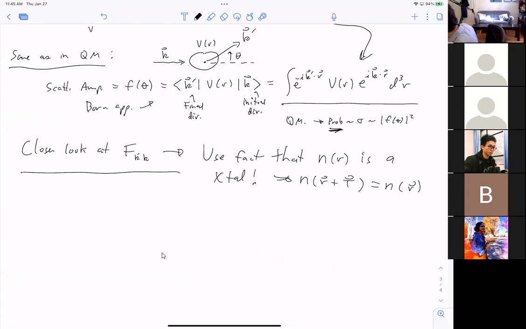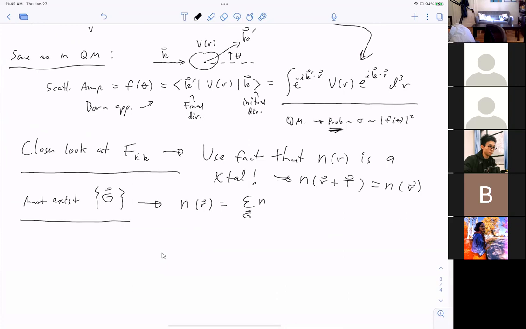If n of r is periodic, then there must exist a reciprocal lattice G, and you know what it is from those formulas that I wrote down last lecture, and that you can derive according to that proof that was posted to the website. And if this set of reciprocal lattice vectors exists, then n of r must be able to be written as a sum over all the reciprocal lattice vectors, because the reciprocal lattice vectors are all the possible vectors that are periodic, right?